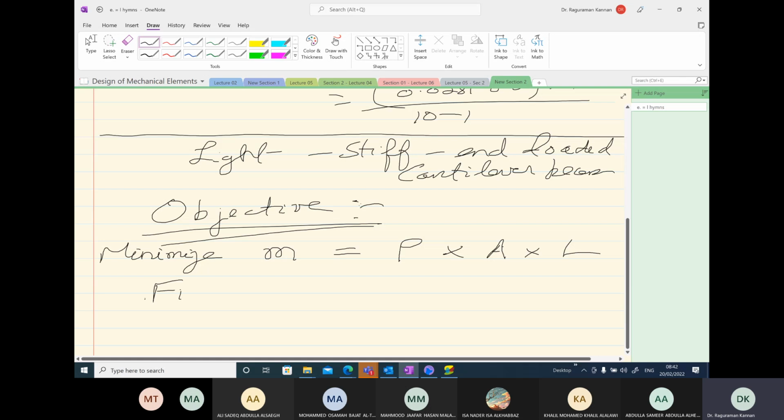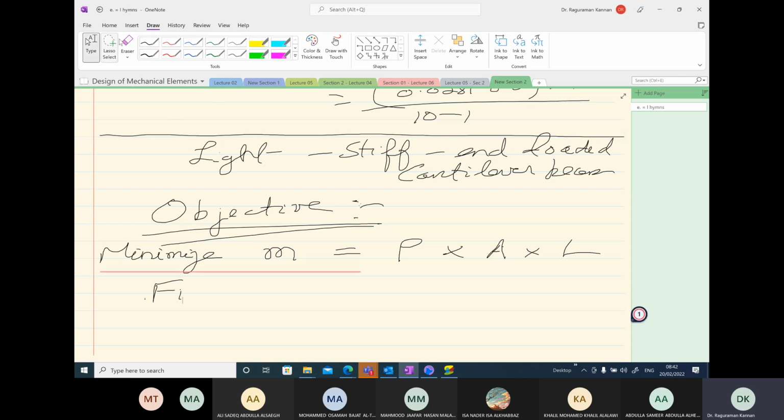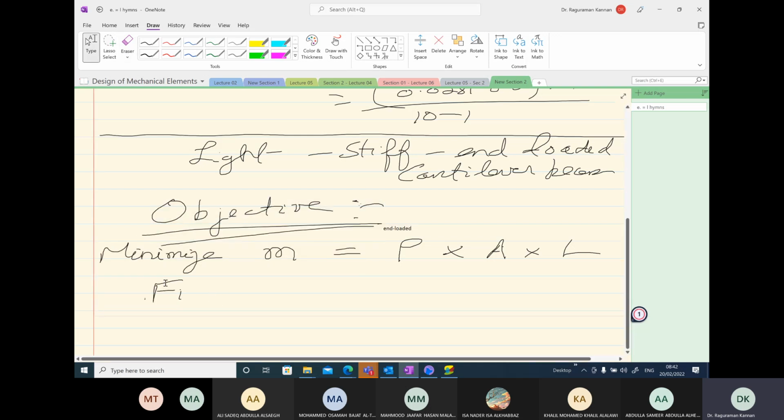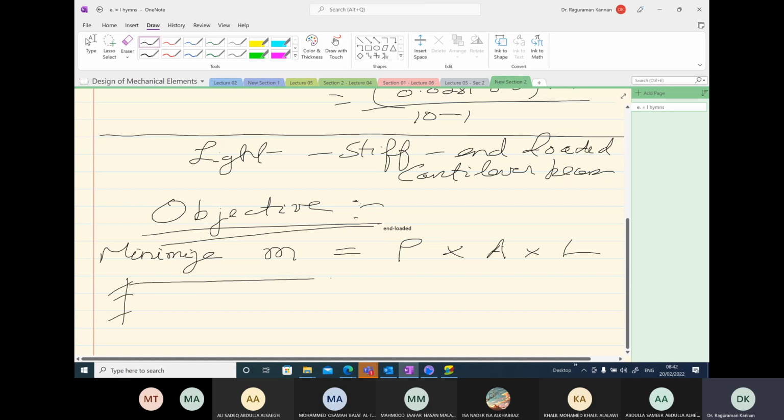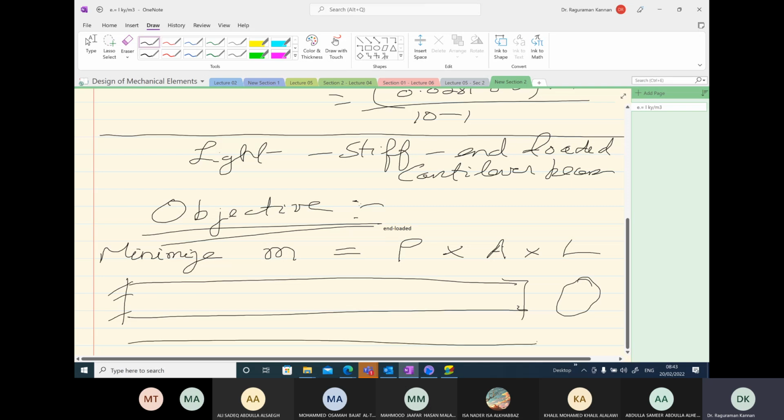Then we identify fixed variables. So before we do that, let's just draw the diagram of a cantilever beam. Okay. This is the cantilever beam, circular cross section, and let's assume L is specified.